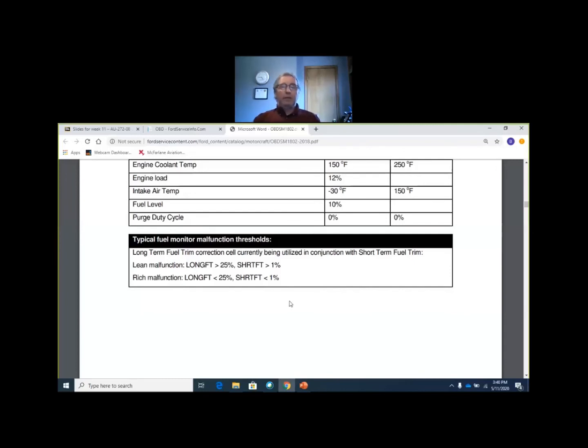So it's not going to just keep throwing fuel at it indefinitely. At some point, it gives up, realizes the problem is significant and needs diagnosis and repair. So that's when you get your check engine light and your lean code.